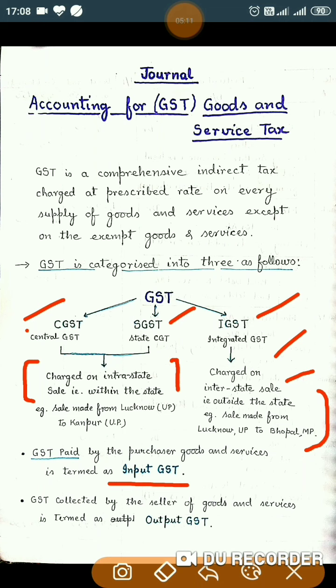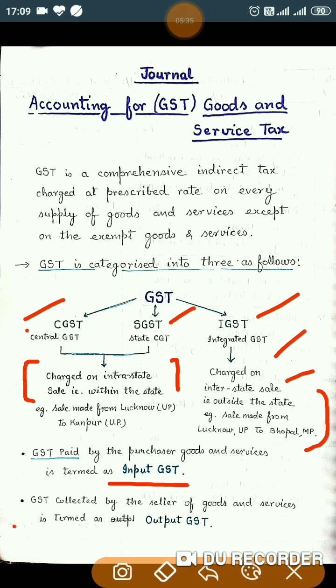If you are recording for an interstate transaction, then you will write input IGST. So whenever you are making payment of GST at the time of purchase of goods and services, it is termed as input GST.